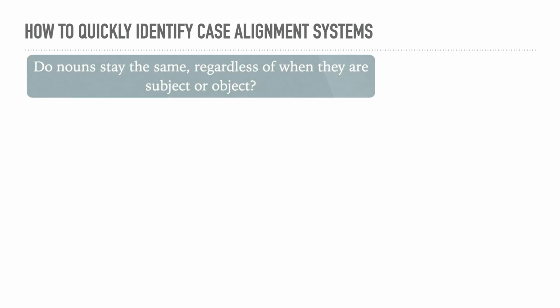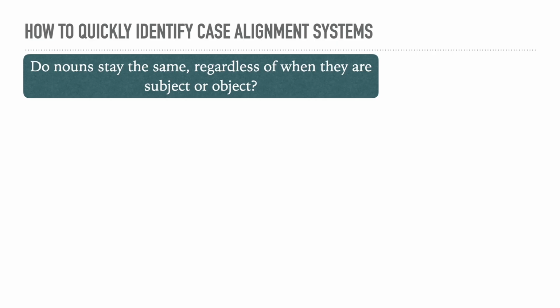So if we look at a bunch of nouns and we look at them both as the subject, the one doing it, and the object, the one receiving that action, do nouns stay the same regardless of when they are subject or object? If the answer is yes, like in English we have a penguin swims, a penguin sees a fish, a fish sees a penguin, penguin never changes. We can say there's no case involved there.